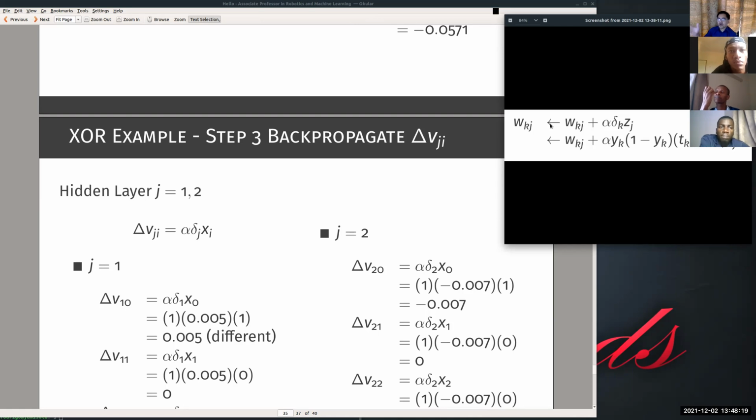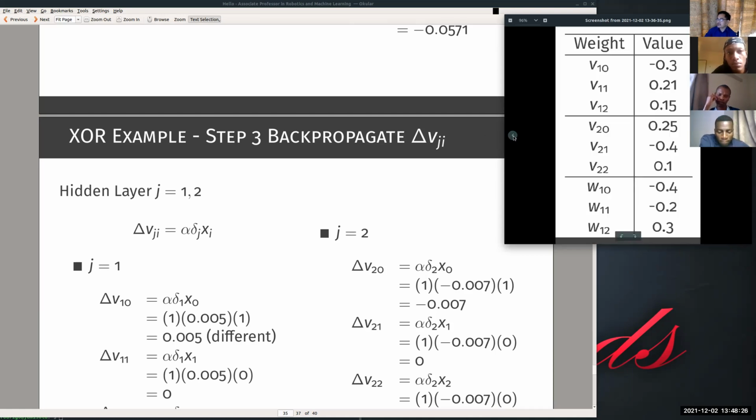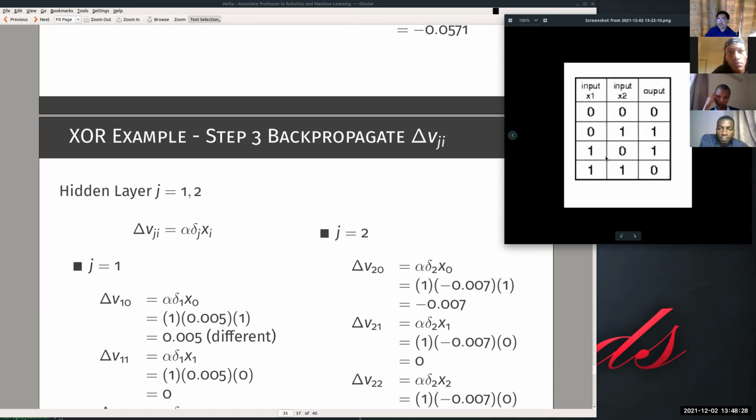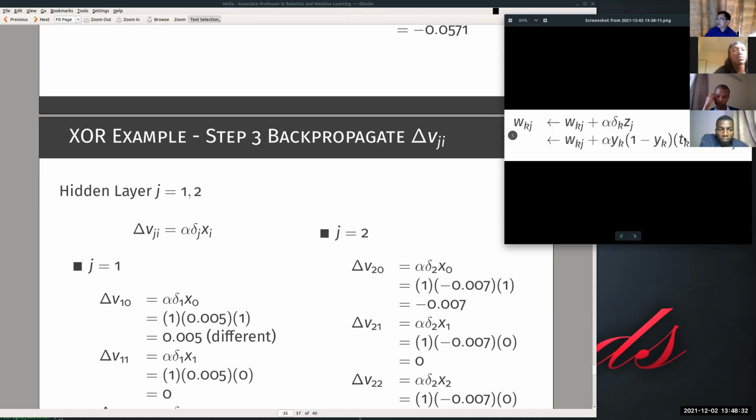So you have to go through all the possible input data that is given to you. Keep on updating the weights until this error reduces. Then you're done. If there's still an error, you're not done. Sometimes it takes forever. If it takes forever, then it's not possible to have a solution.